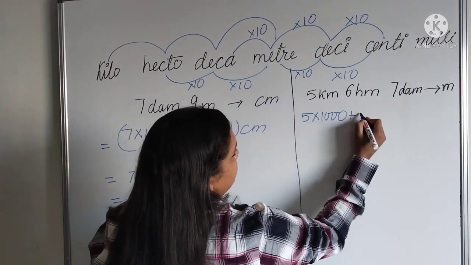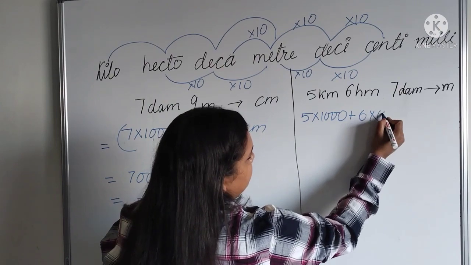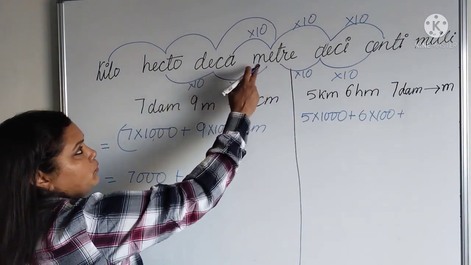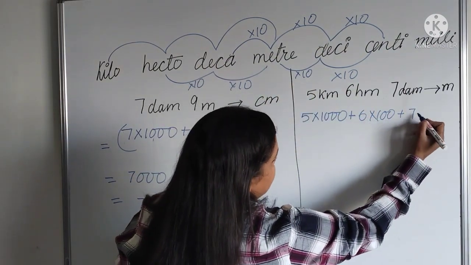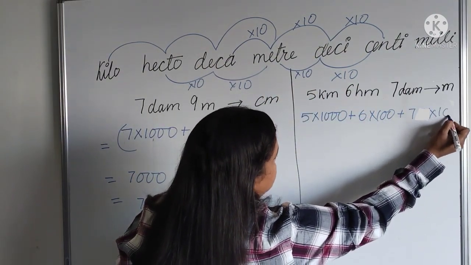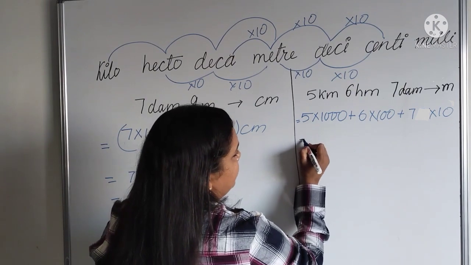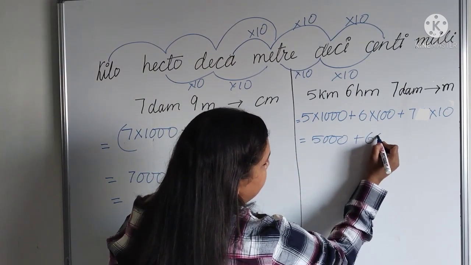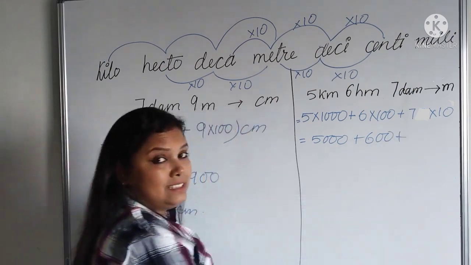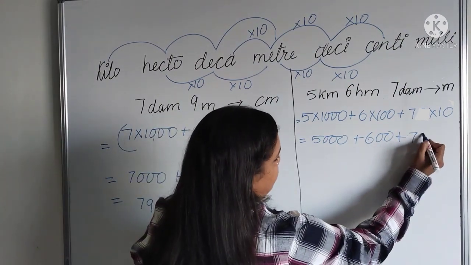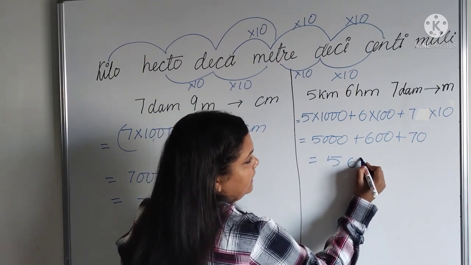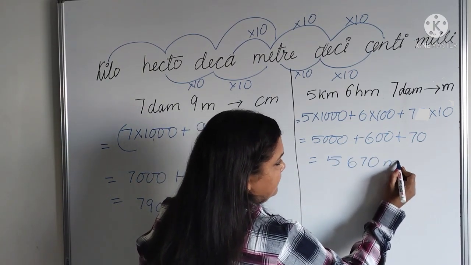That means 100. So 6 multiplied by 100 plus 7 DAM. DAM to meter multiplied by 10. So you will get 5000 plus 600 plus 70. Okay, so 5670 meter.